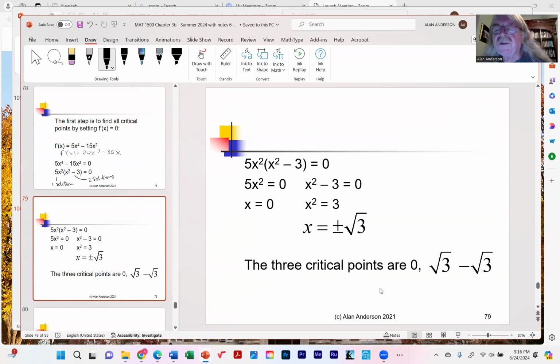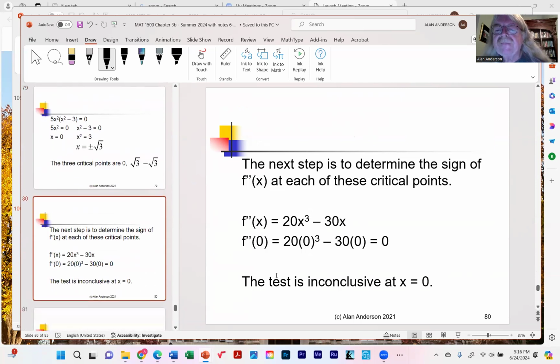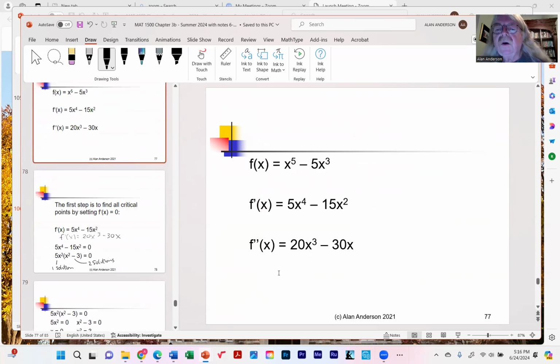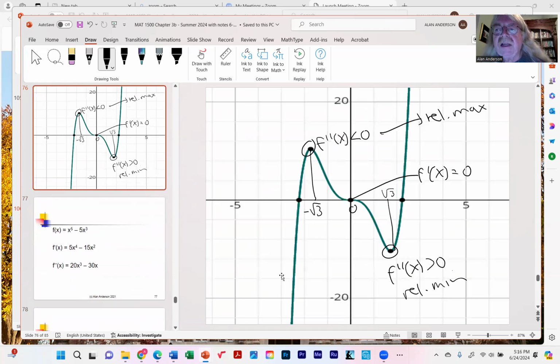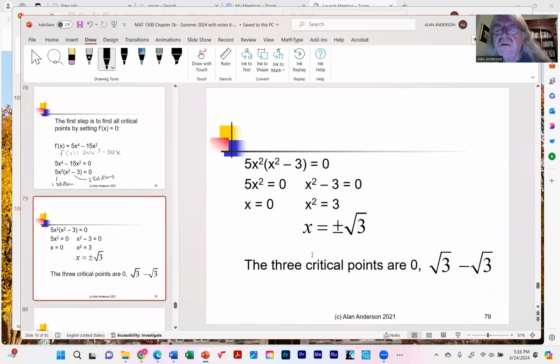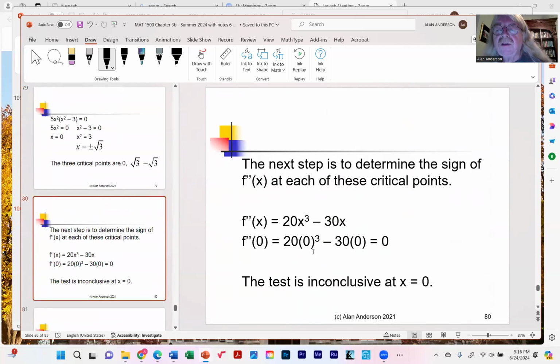So the critical points are 0, positive radical 3, and negative radical 3. So those are all potentially at least maxima or minima. We know that they're critical points. And what we're going to do is figure out which is which by taking the second derivative test.